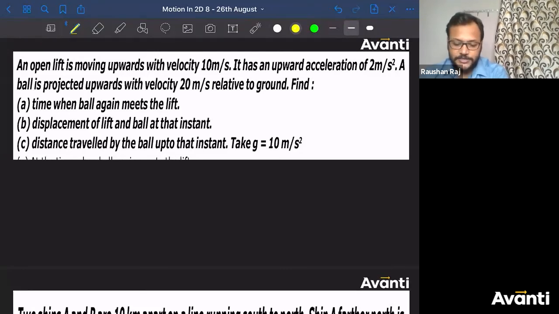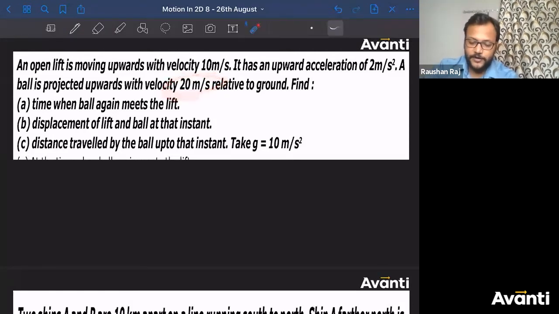A ball is projected upward with velocity 20 meter per second relative to the ground. So what is this 20 meter per second? Velocity of the ball with respect to ground is 20 meter per second during the projection. When it has been projected from the lift, the velocity of the ball with respect to ground is 20.